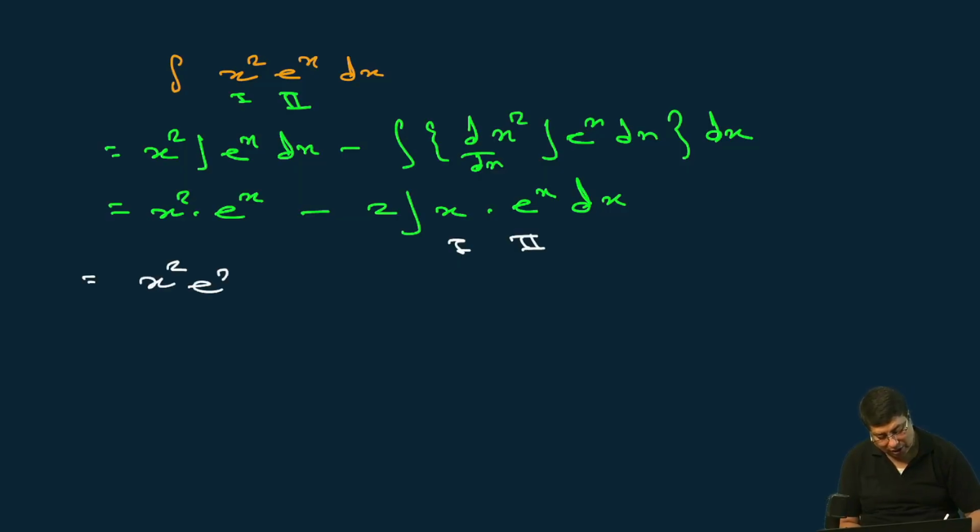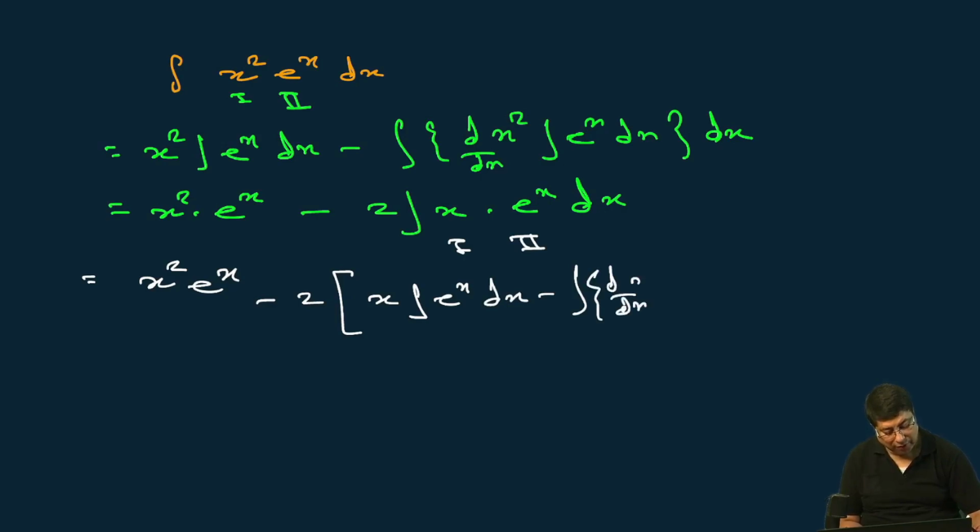So x square e to the power x minus 2. What we'll do? Once again, u integration of e to the power x minus derivative of x integration of e to the power x dx on total dx. In this case, we can see here that dx by dx is 1 and e to the power x integration is e to the power x.